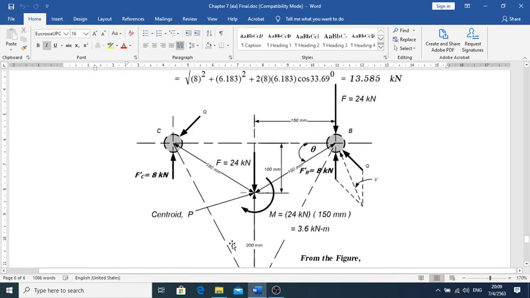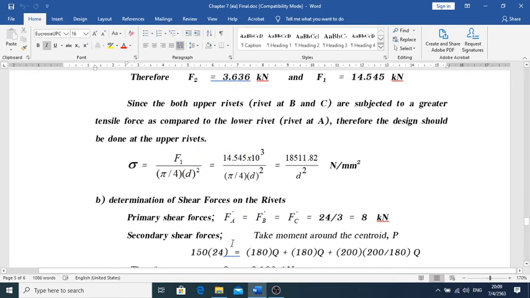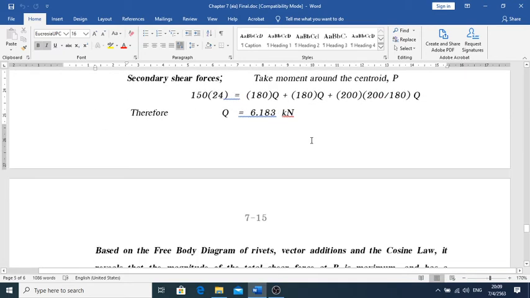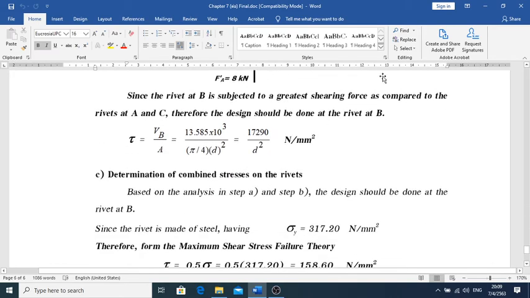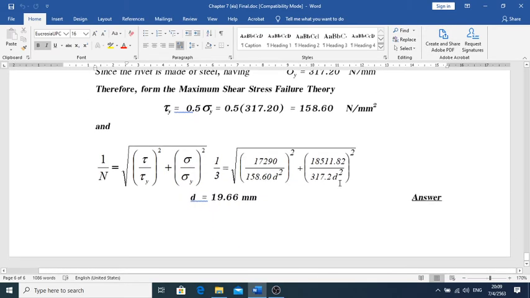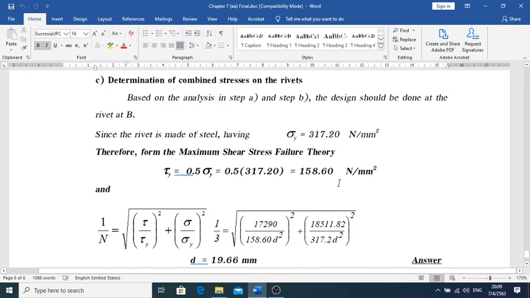So you better figure out there. Okay, let me review that. This is going to be at rivet A, and this one is going to be at rivet B. Then we have the maximum shear stress theory.